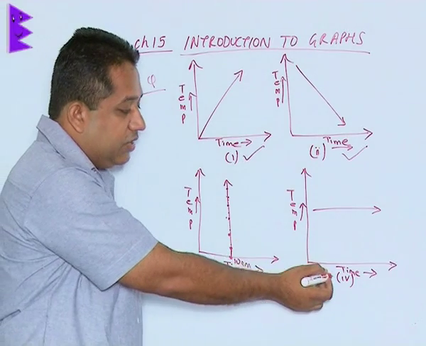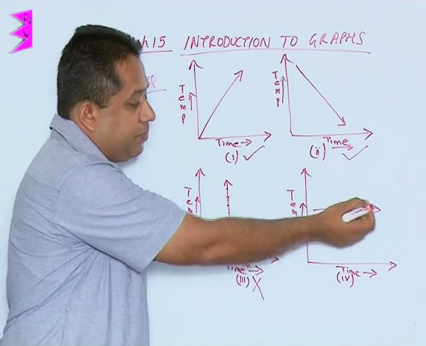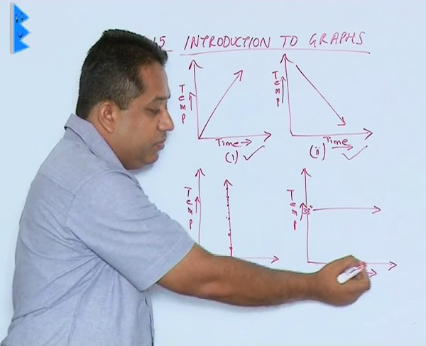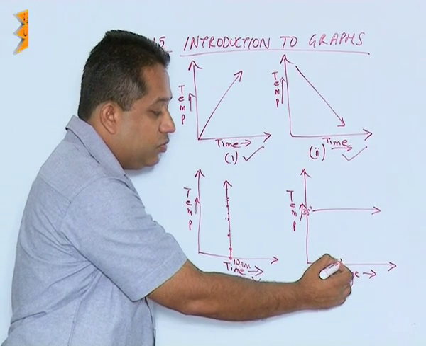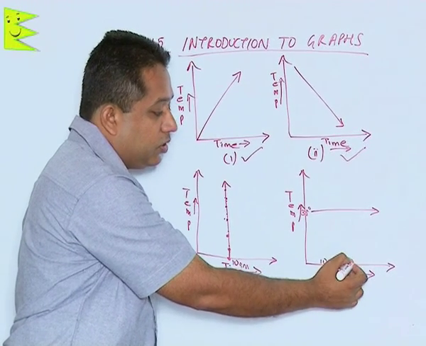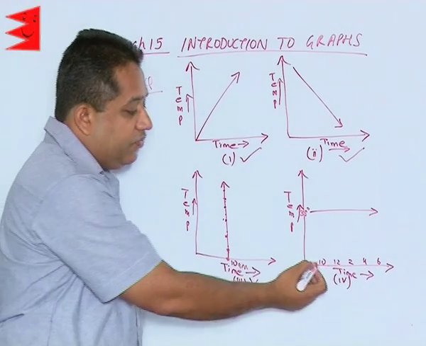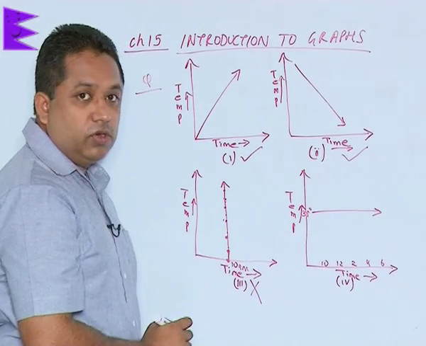Now, the fourth and the final condition, here the temperature remains same. Let us say this temperature is 38 degrees and what is happening? The time changes. So, here suppose the time is 10 am, this is 12 noon, this is after 2 o'clock, then 4 o'clock, then 6 o'clock and so on. At different times we can have a possibility that the temperature is a constant.